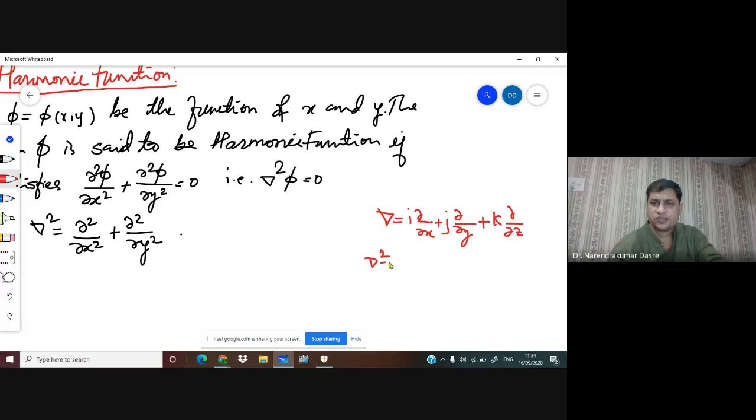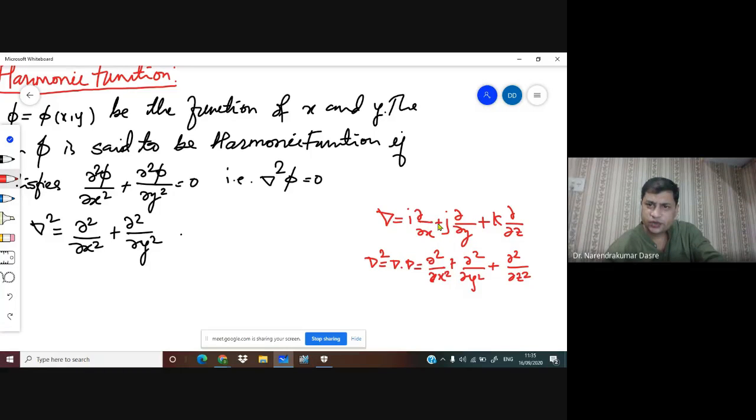So if I consider del square, then it will be del dot del, and so it is double square by double x square plus double square by double y square plus double square by double z square. This is the del operator in 3 dimension.